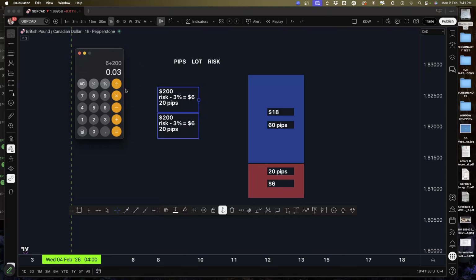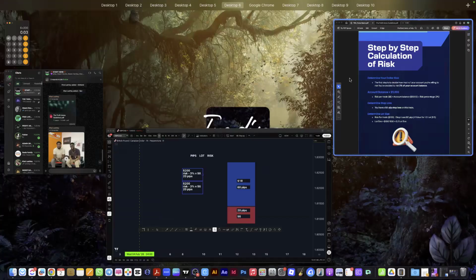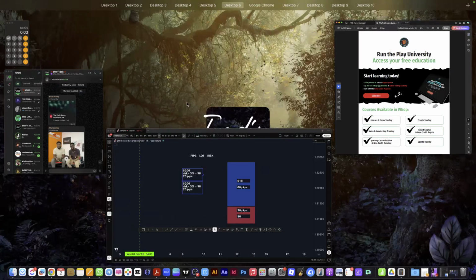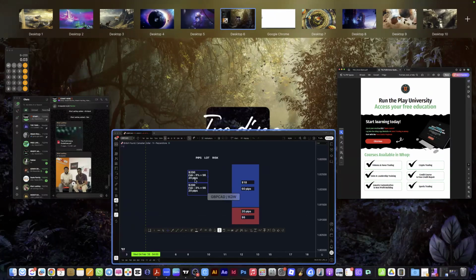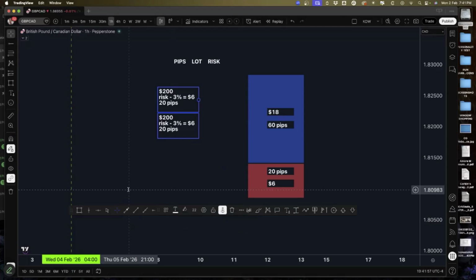Now let's check this. Let's check and make sure that this works out. Remember what I said, when the number looks like 0.03, that was the browser. Where's the browser at? Okay.